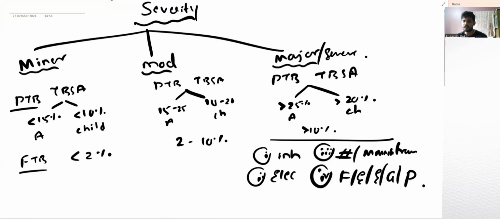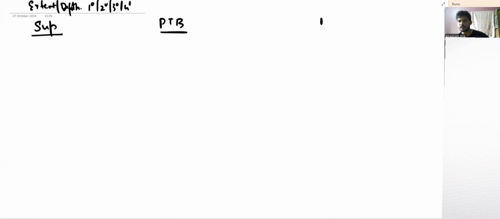The second was severity, and the classification which is of more importance clinically is the extent of the burn, the depth of the burn. Initially they used to classify this as first degree, second degree, third degree, and fourth degree burns. But now we classify them as superficial burn, partial thickness burn, and full thickness burn.